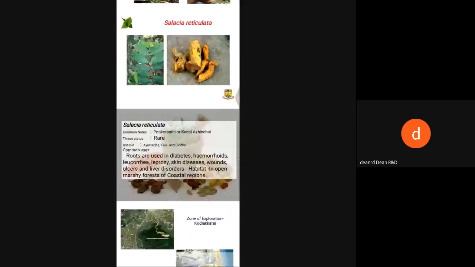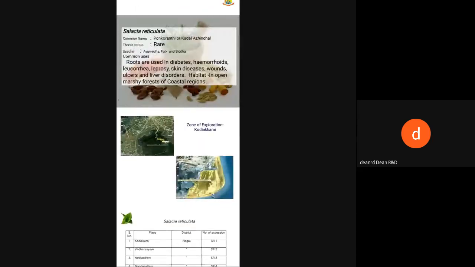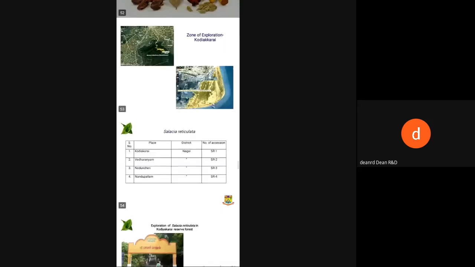We have found this species especially in the Vedaranyam region zone near Kodiyakarai. You can see the satellite picture in which we have identified some of the accessions in Kodiyakarai, Vedaranyam, Neduncheri, and Nandupallam.